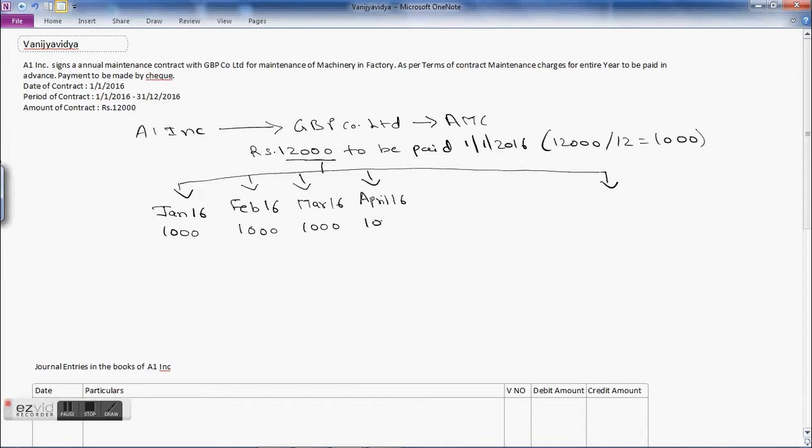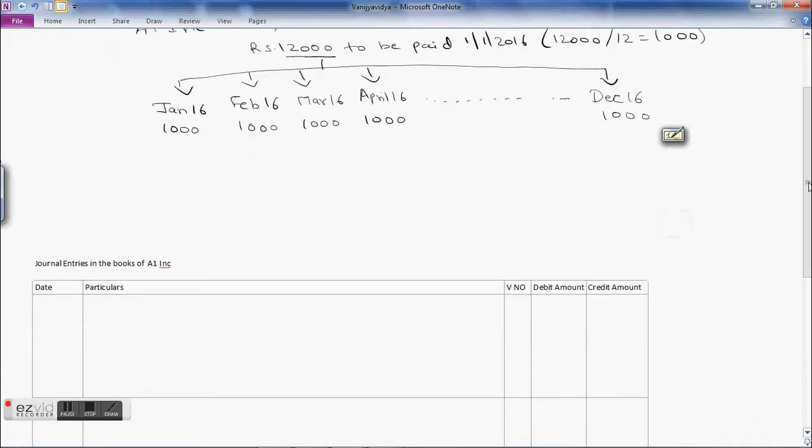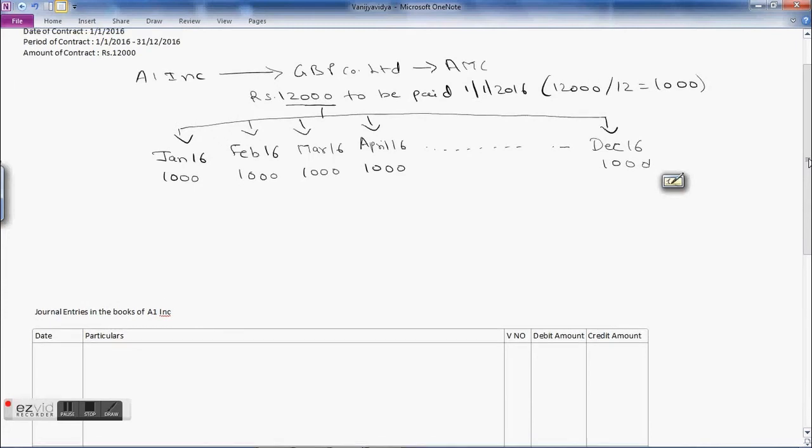For April, expense will be 1,000, and so on for all the months till December 2016. Now this is how the transactions will flow. Now let's see how the journal entries need to be passed.